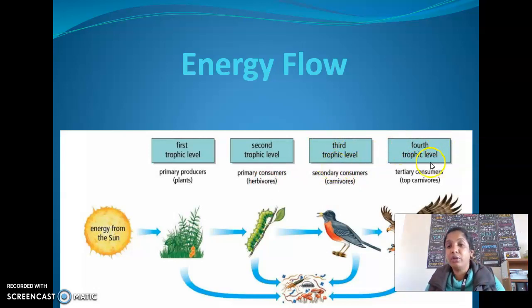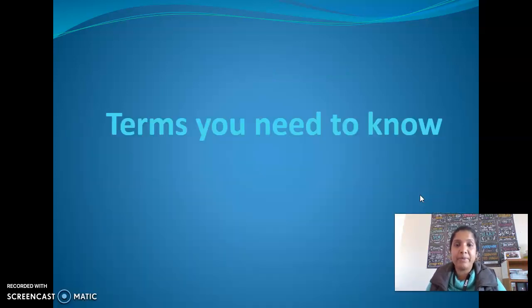And then the fourth trophic level, the tertiary consumers, the top level animals that eat other higher animals. So first level, the producers. Second level, the herbivores. Third level, the carnivores. And then fourth level, the top carnivores.